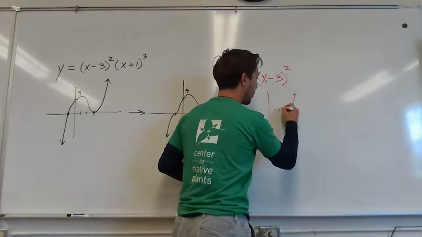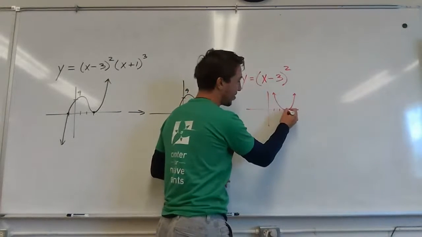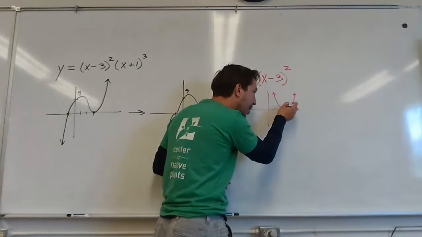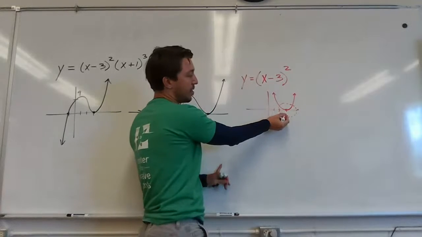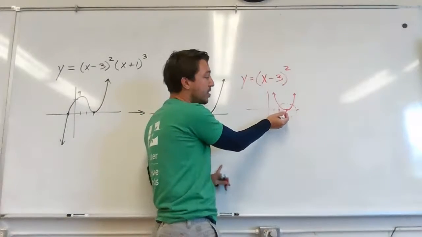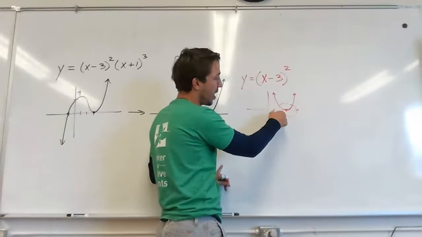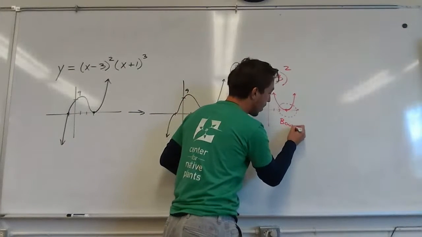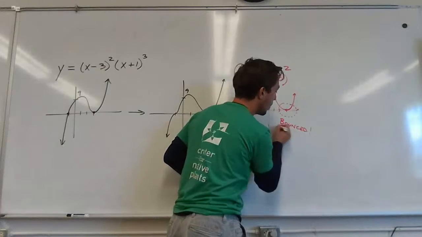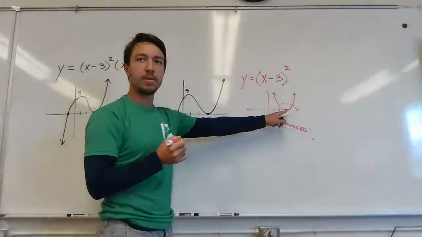And the thing I really want to focus on is I don't really care about the rest of the parabola. I care about this little neighborhood here. I care about what's happening at the x-intercept. So what happened at the x-intercept? It bounced off. You see what I'm talking about?